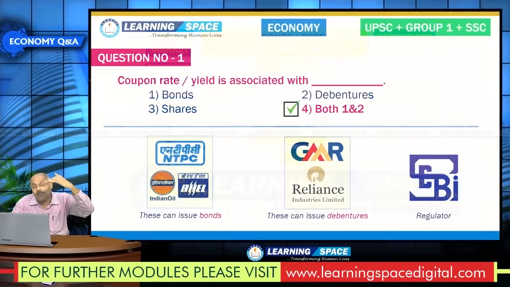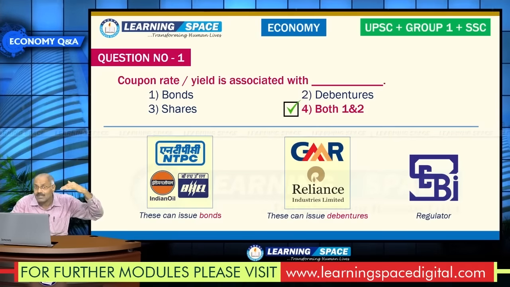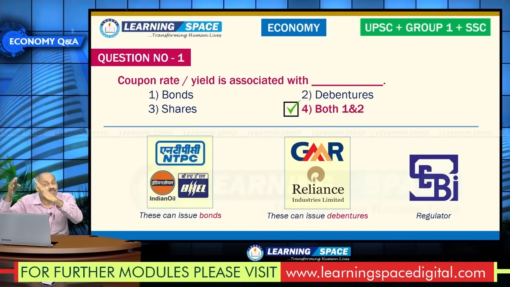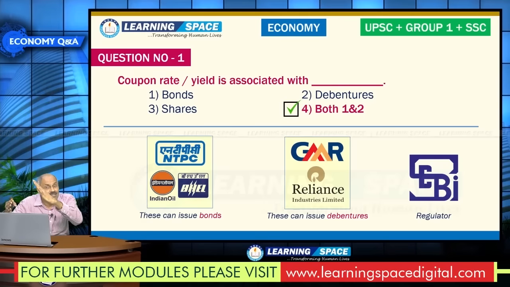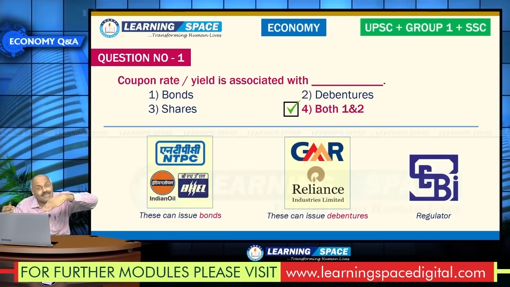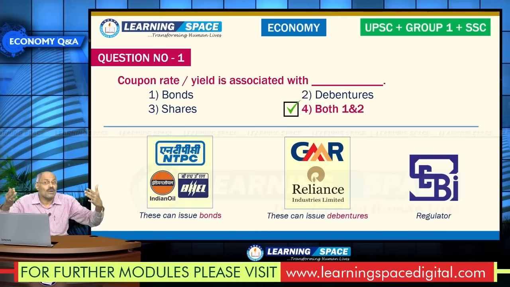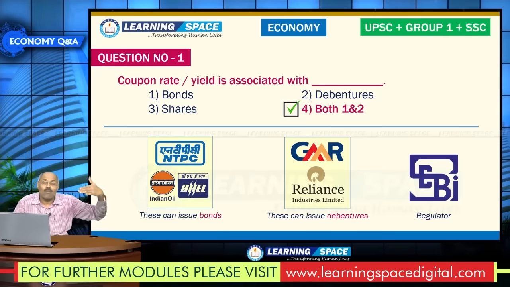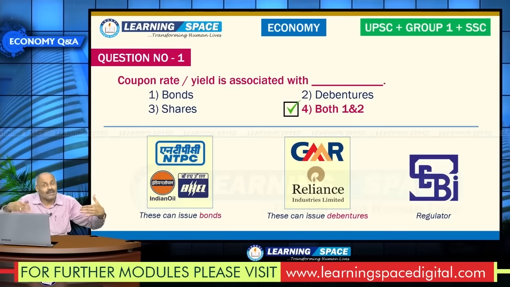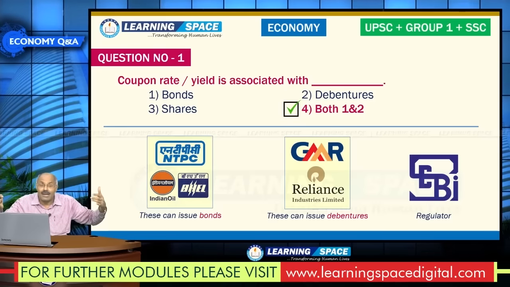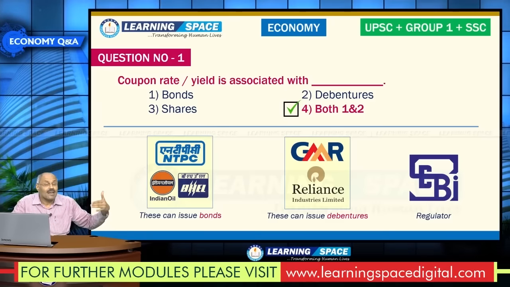When bond prices increase, the yield will reduce, and when bond prices reduce, the yield will increase. I hope you are clear about these two terms, coupon rate and yield. When we take up the topic in lectures, I will discuss further.